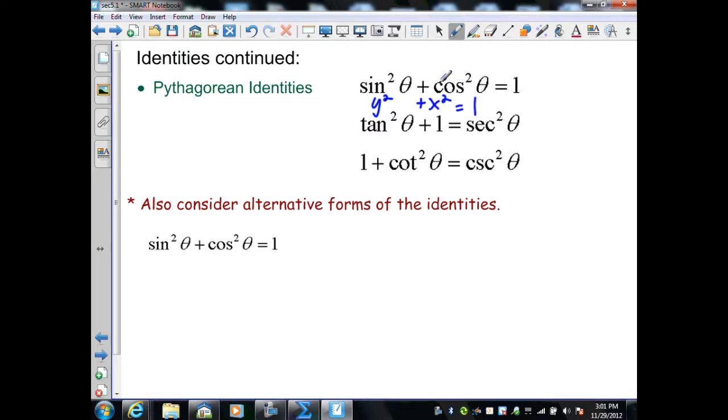There, we can create from this identity the next two Pythagorean identities by taking sine squared theta plus cosine squared theta equal to 1, and divide both sides by cosine squared theta.